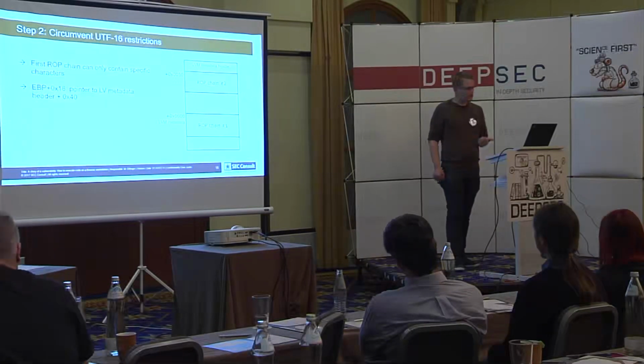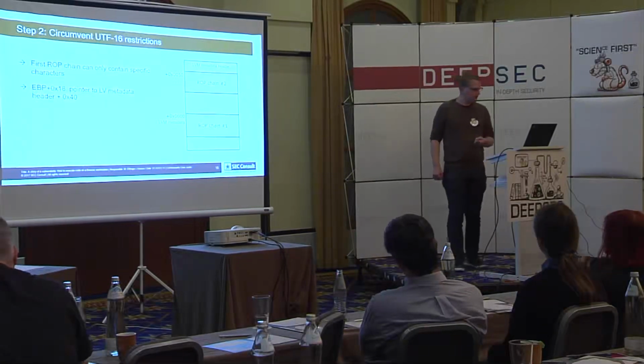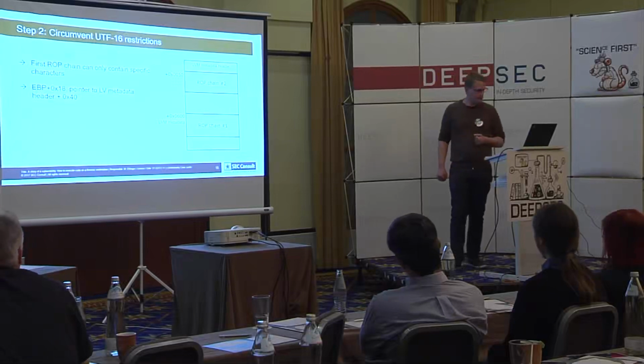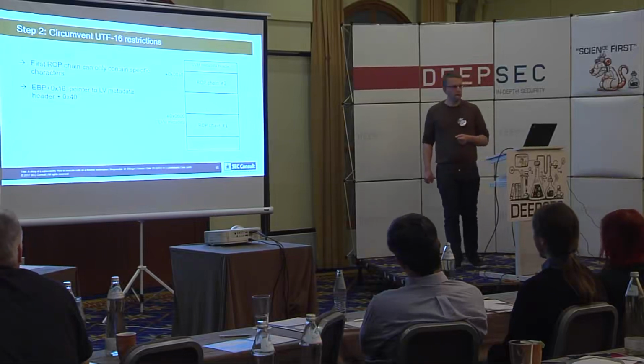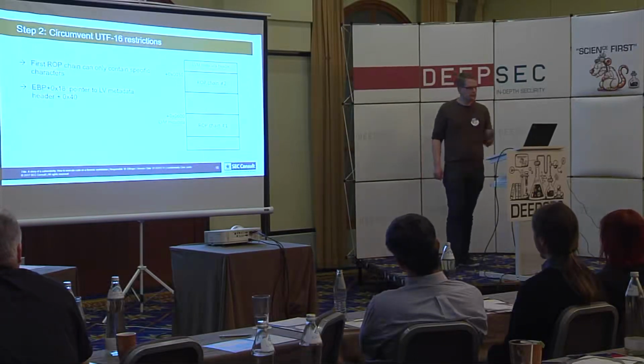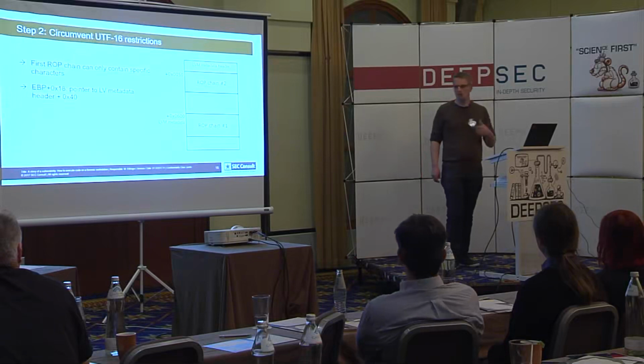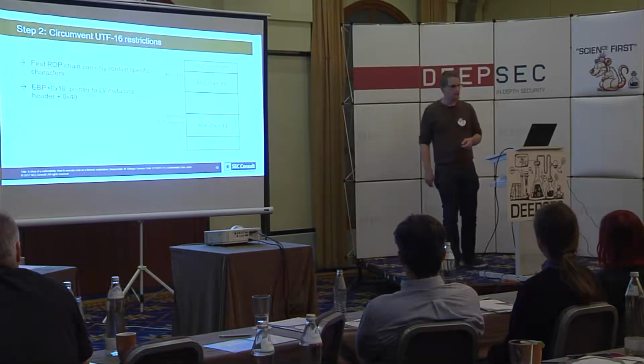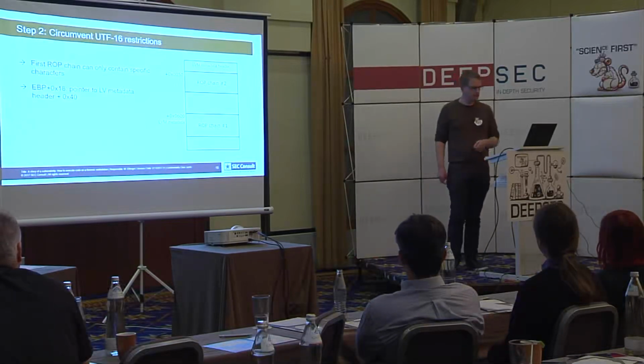And as it so happens, on the stack at EBP plus 18 hex, there is a pointer to a region in memory that is copied directly from the disk. This is where we place our second ROP chain. Then we transfer execution to the second ROP chain and can then exploit it.